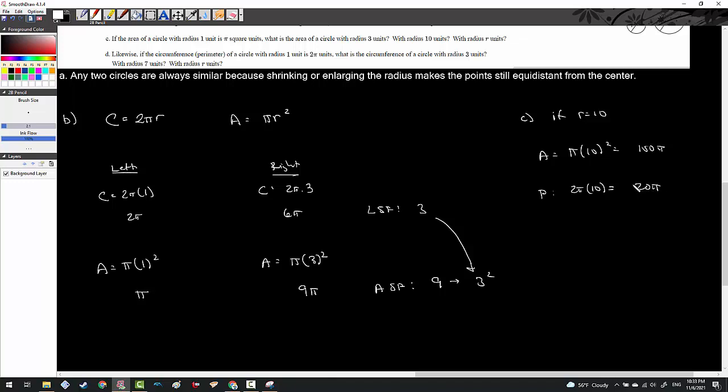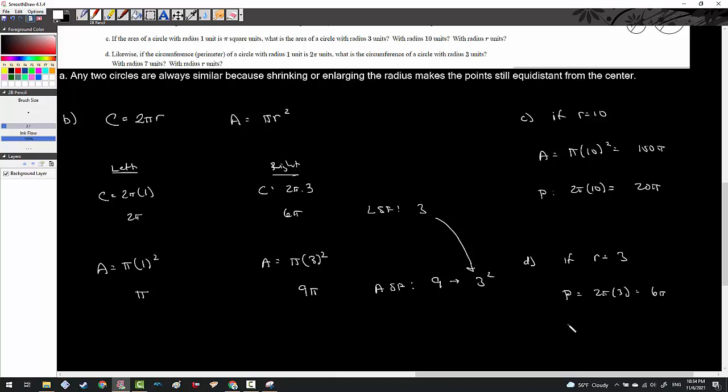It says likewise, if the circumference or perimeter of a circle with a radius of 1 unit is 2 pi units, what is the circumference of a circle with a radius of 3 units, and then 7, and then with r? So if r equals 3, then we have the perimeter being 2 pi times 3, which is going to be 6 pi.